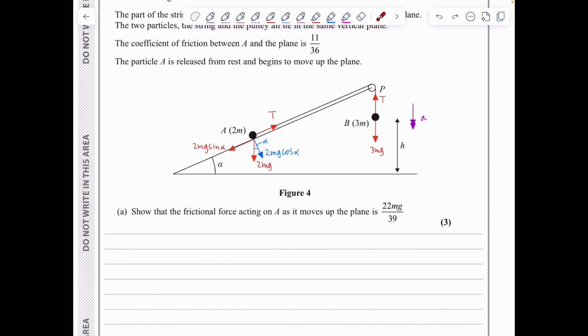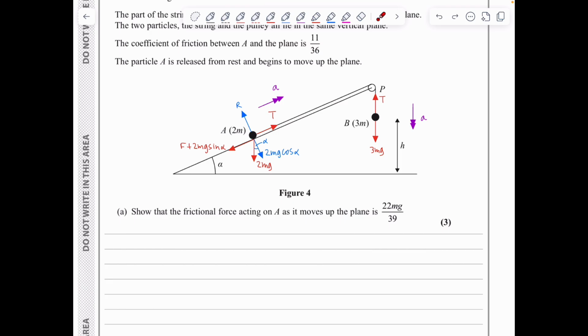We've got the reaction capital R, and since the particle A will be ascending up the plane, we've got friction opposing motion, so friction is acting down the plane, and we've said that A is accelerating up the plane with exactly the same acceleration as the one that B is descending downwards.